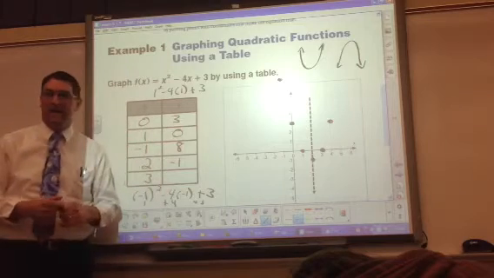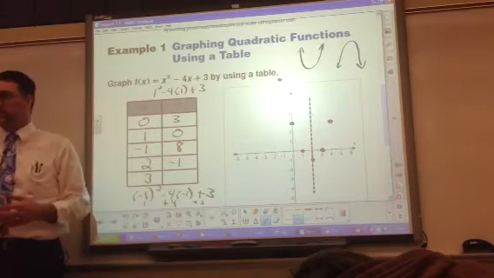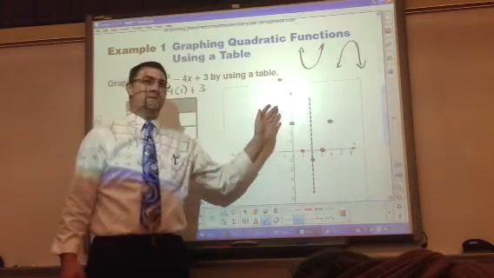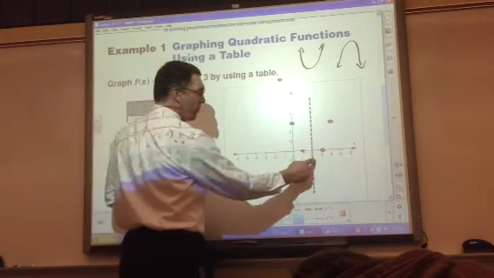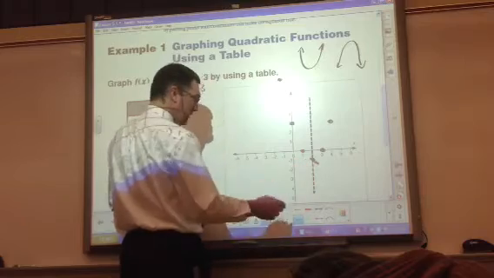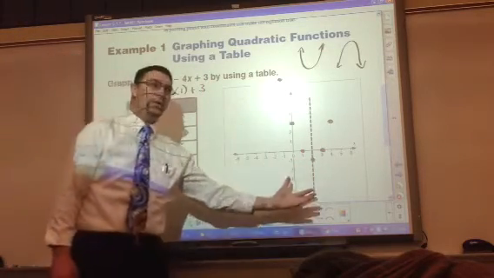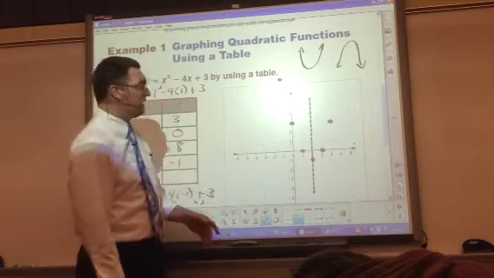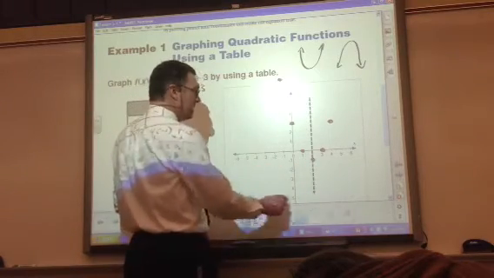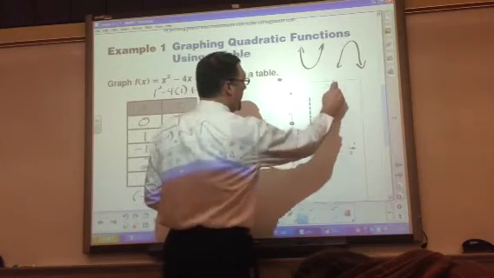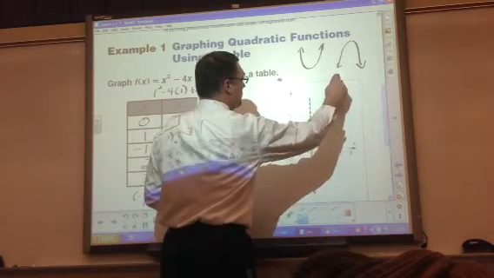This is called the line of symmetry, or the axis of symmetry, and the graph has to be exactly perfect on both sides of that. So if this point right here is my vertex, the very bottom point, or the minimum value, then the rest of the graph is going to be equal on each side. So that means I could come up here to 5 and go up here to 8 also.